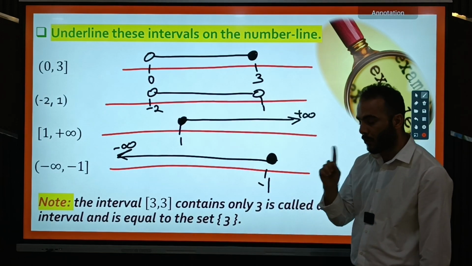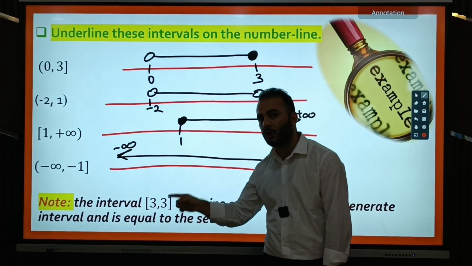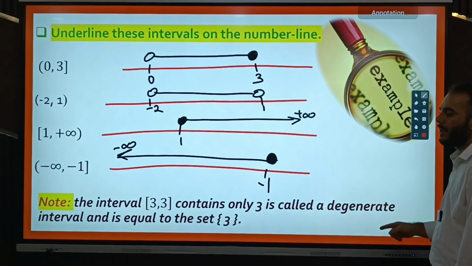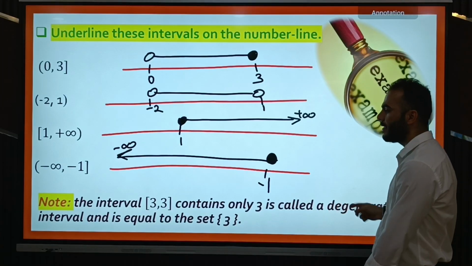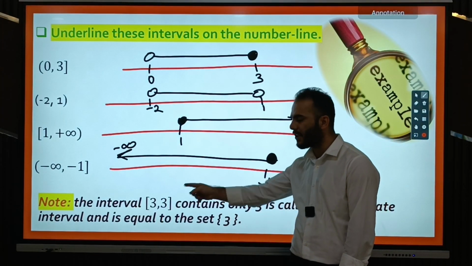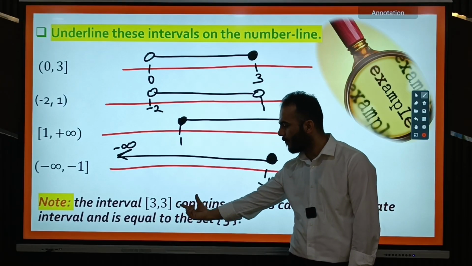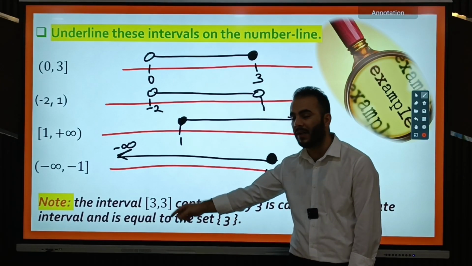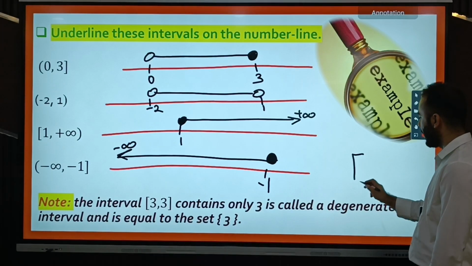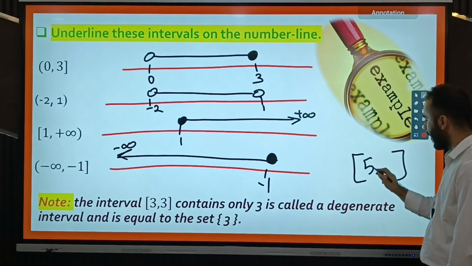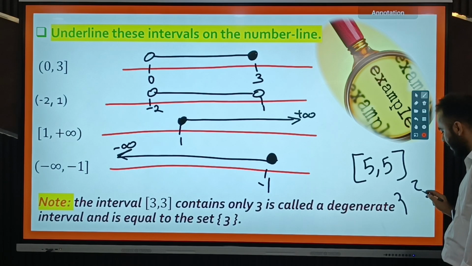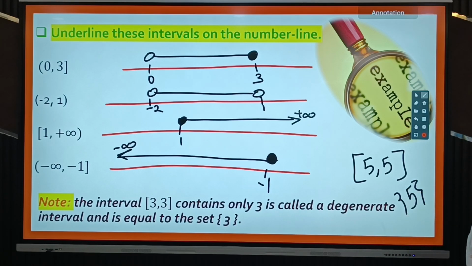The closed interval of a number to itself is called a degenerate interval, and it's equal to the set of only that number. So for example, from 5 to itself, which is 5. The set of this interval would be only number 5, and that's it.